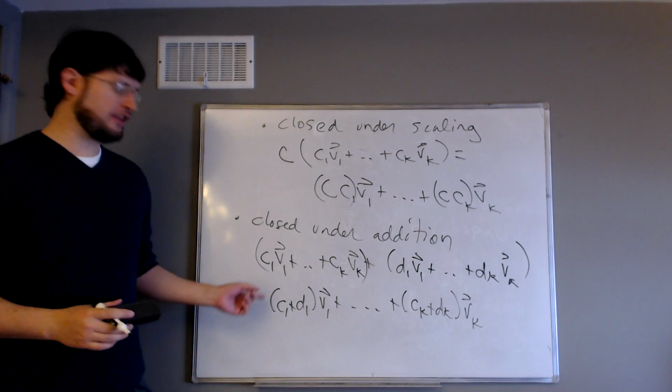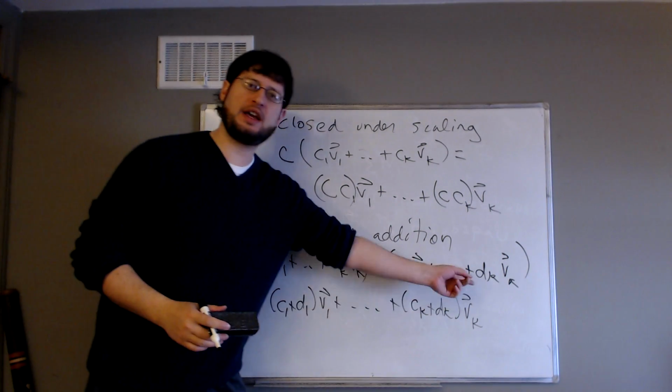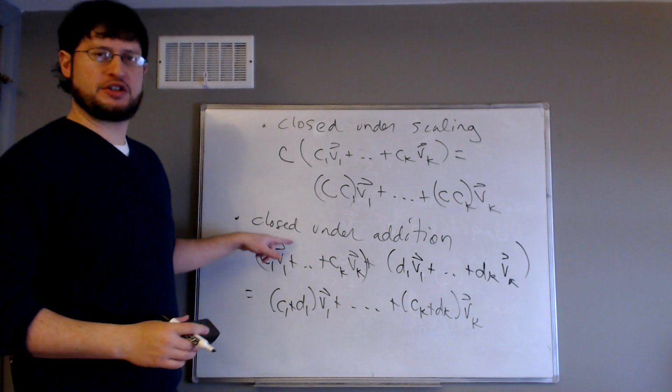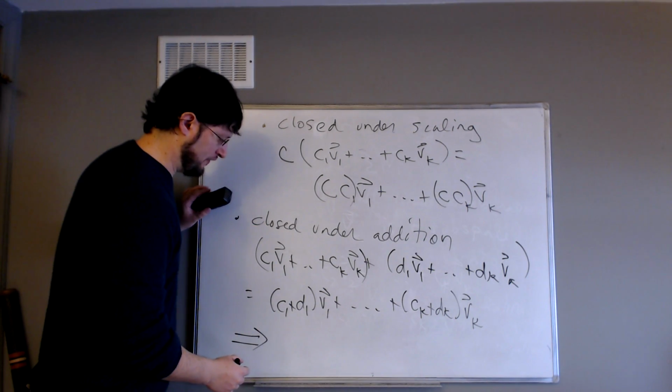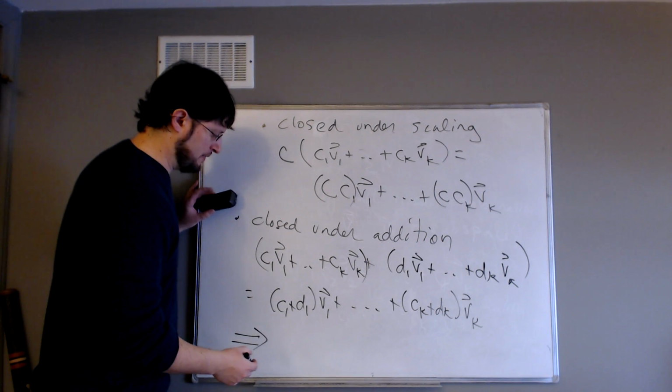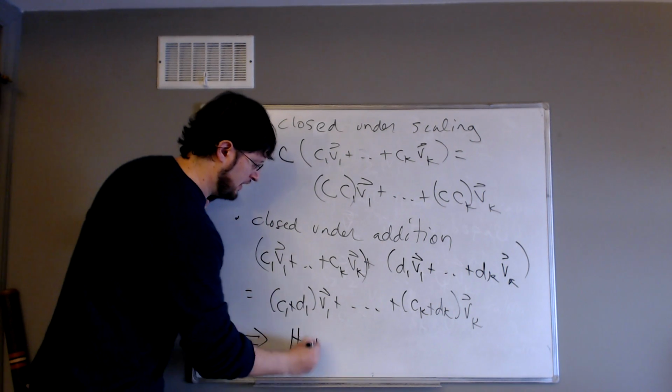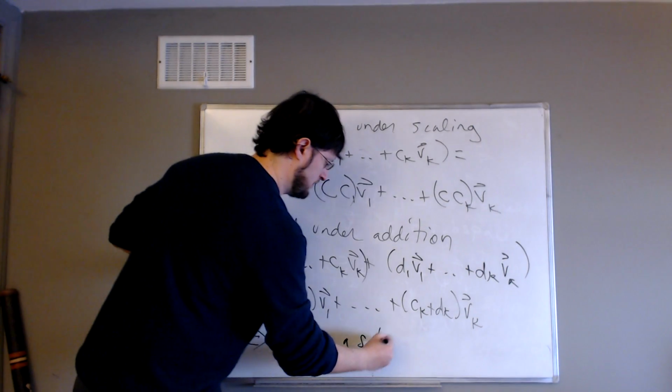And that's another linear combination of V1 through VK. So it's closed under addition. And so in fact, all three pieces of the definition of a subspace are satisfied. I can say H is a subspace.